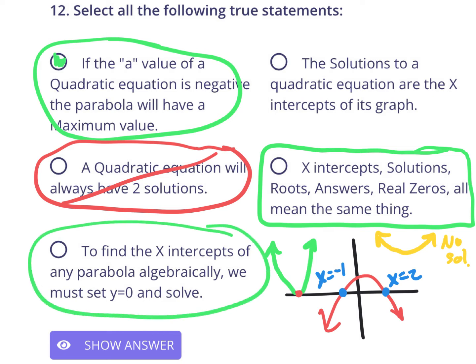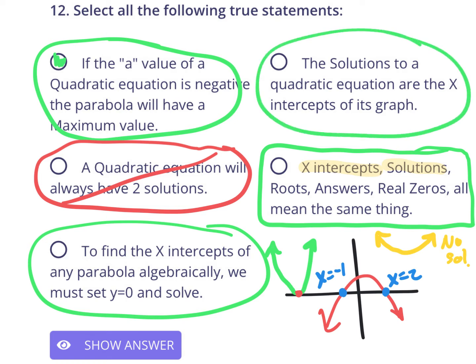Okay. Moving on, the solutions to a quadratic equation are the x-intercepts of its graph. Yes, because we know that solutions, answers, real zeros, roots, they all mean the same thing. That is true that the x-intercepts are the solutions. And again, it's emphasized right here in this statement. So that's also a true statement.